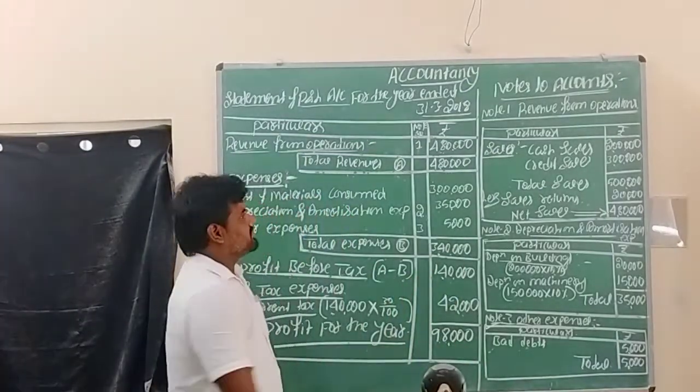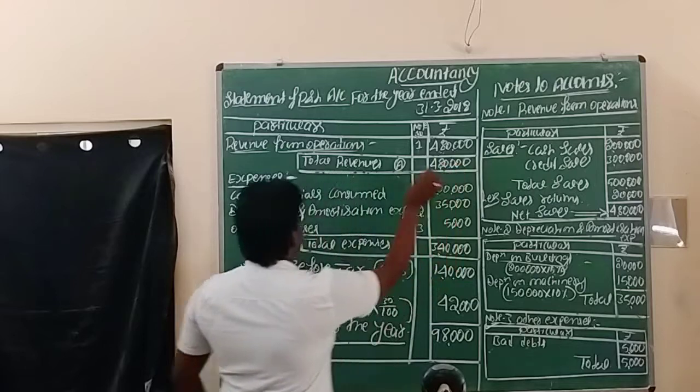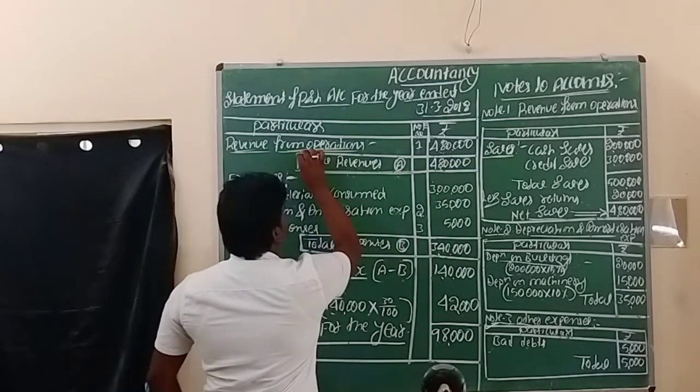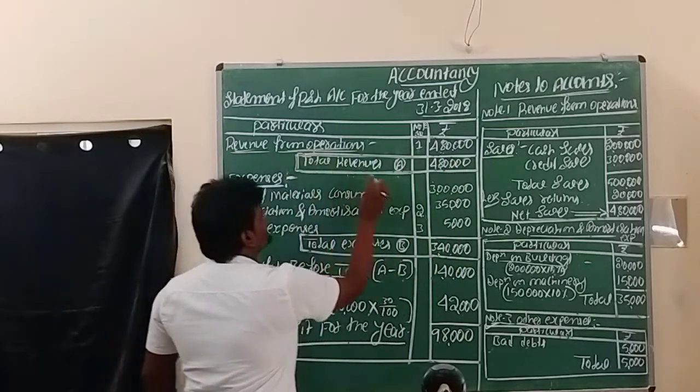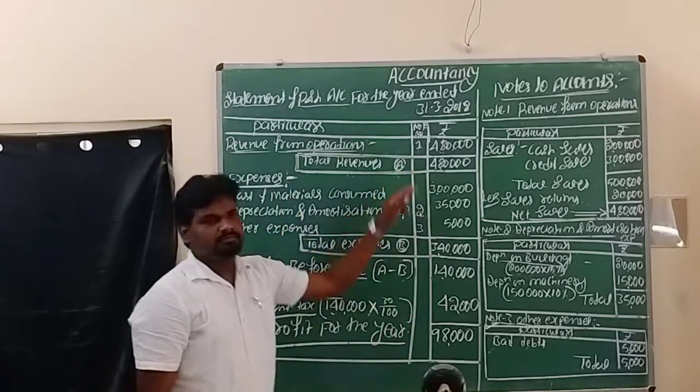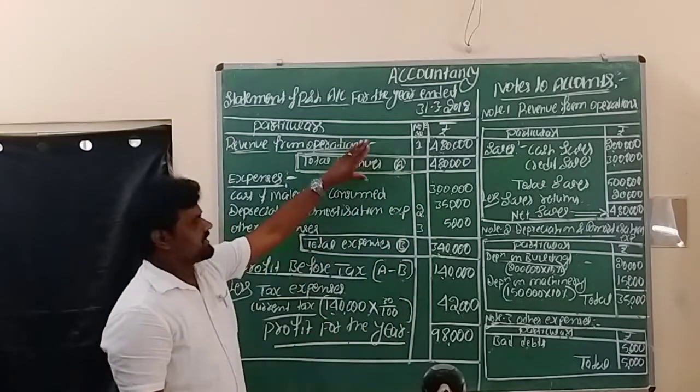So the total is 4,80,000. These incomes we can show as A. So this is our first step.